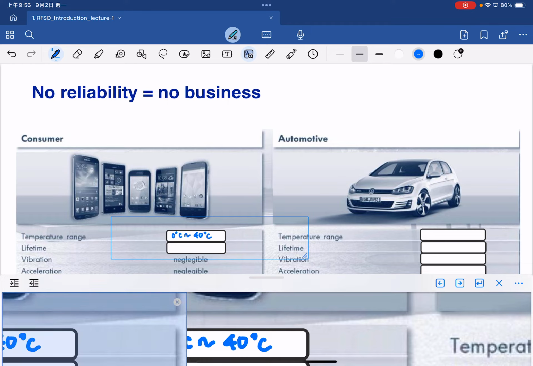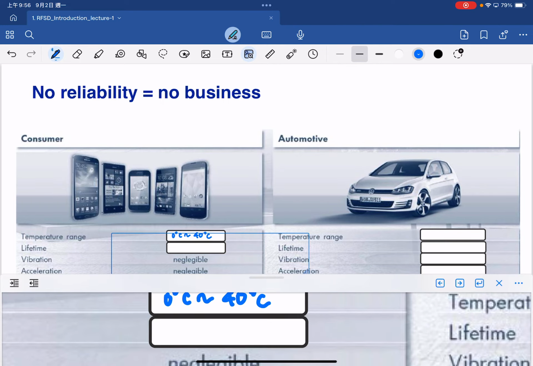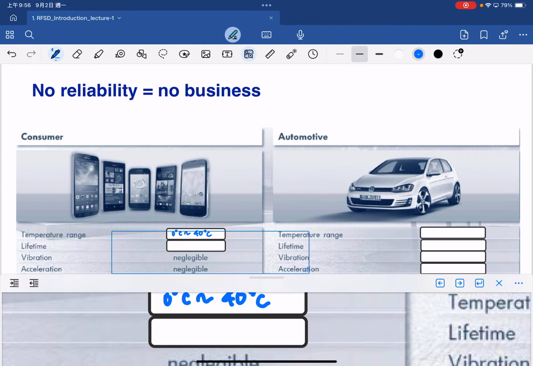I think that makes sense, since that's a typical temperature around the earth here. So usually when we test the consumer electronics reliability, we will only test in this temperature range. And then the lifetime is only 1 to 3 years.